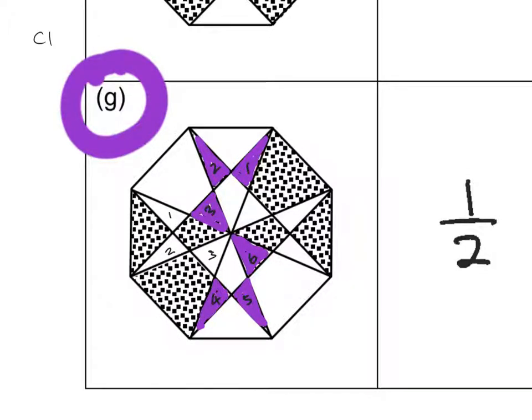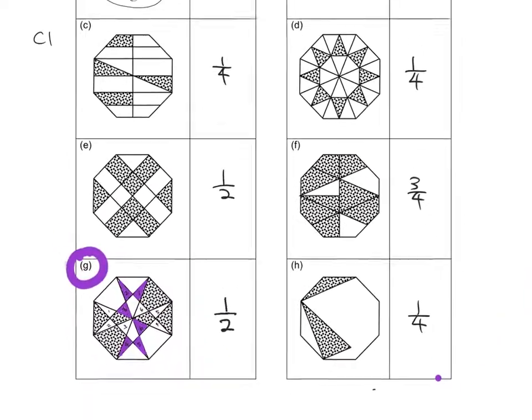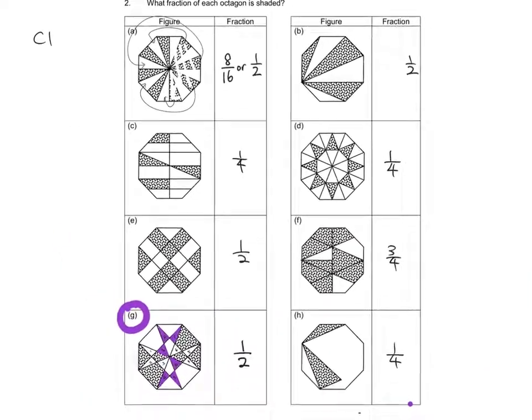This one will be your 4 5 and 6. So you will transfer over, and you will be able to see that it is actually half of it, because there are 4 parts to it. This 1 2 3 4, and 2 of them are shaded, which is half. So for this one, that's it.